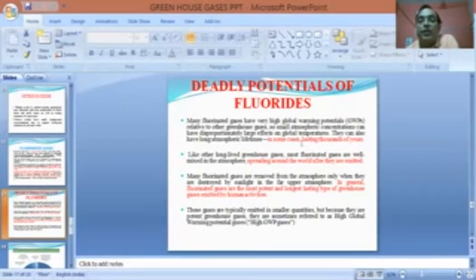In some cases, they last as much as thousands of years. Their lifetime, their half-life, is very great, the greatest when we consider the other greenhouse gases.